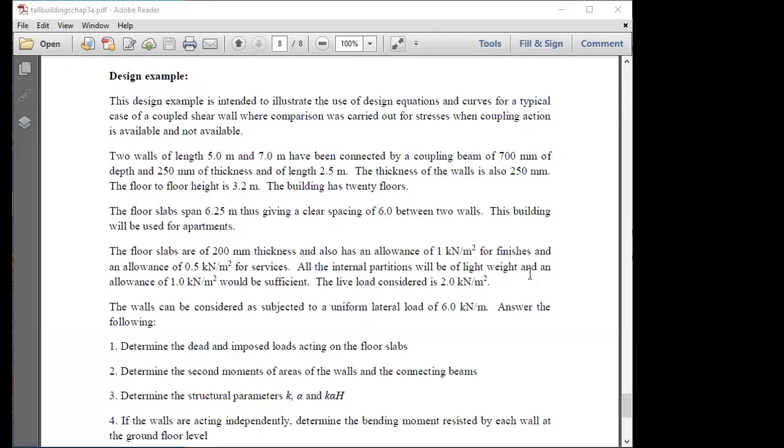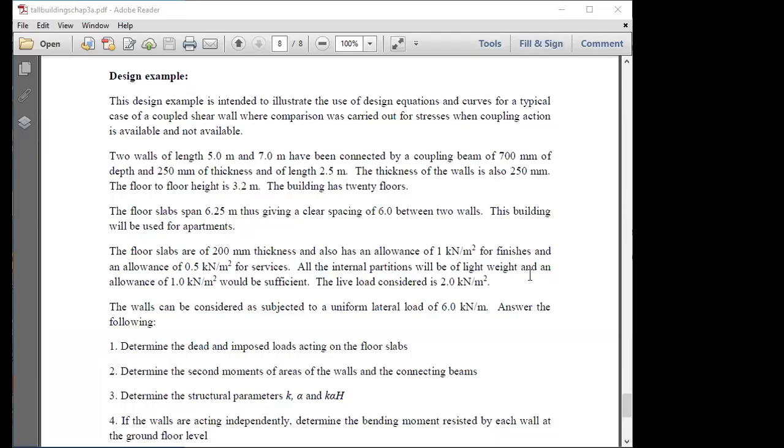And we consider that there's an edge beam or something that will, sorry, this is not only internal partitions. Basically, it will take account of all the walls, because these external walls will have windows, whereas lightweight material can be used to separate the apartment from the corridor.